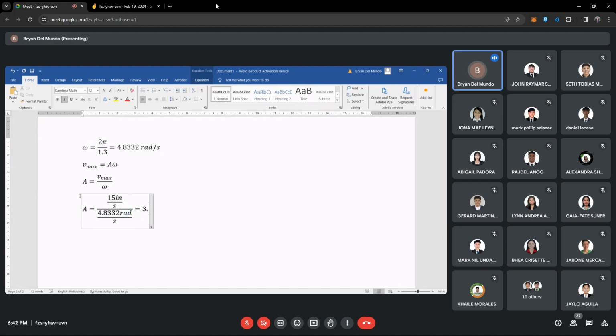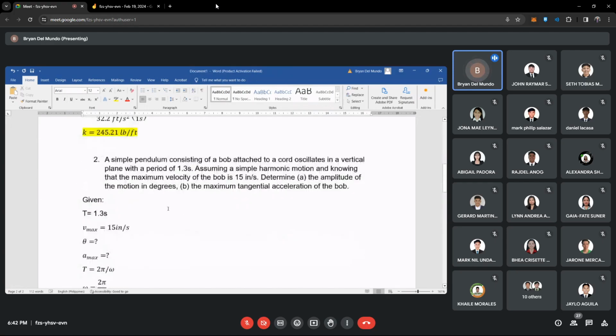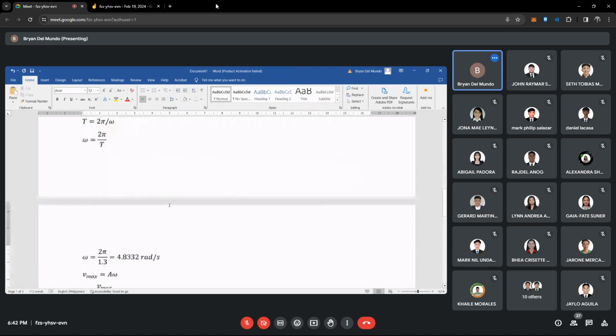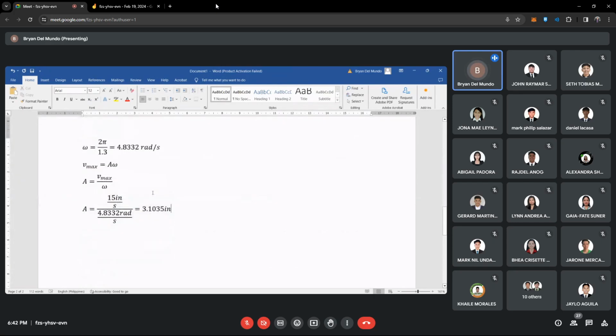So 3.1035 inch. The problem is, ang hinahanap natin, ang value ng ating amplitude is naka degrees. Pero ang nakakuha natin is naka-inch.